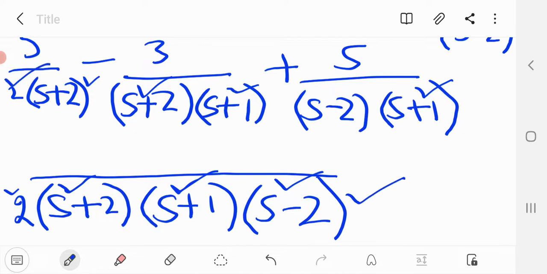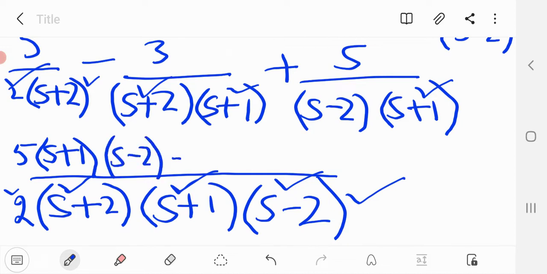So 2 will be cancelled with 2 and s plus 2 will be cancelled with s plus 2. The remaining factors will be multiplied with 5: s plus 1 and s minus 2. So it should be written like this: 5 into s plus 1 and s minus 2.